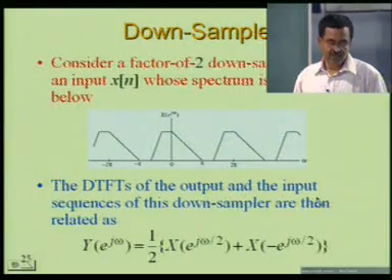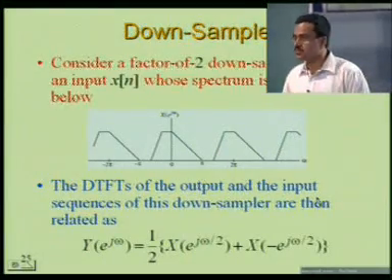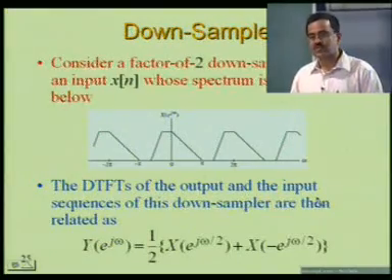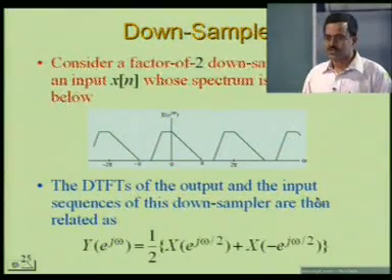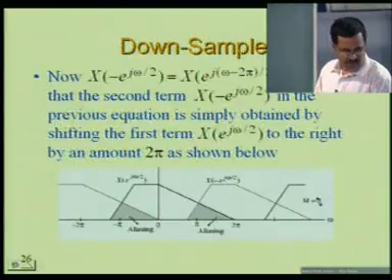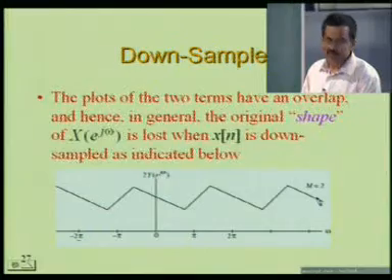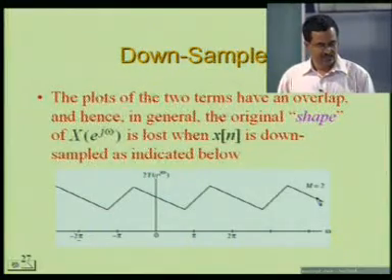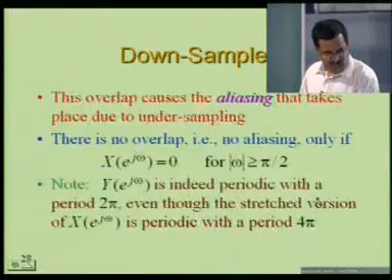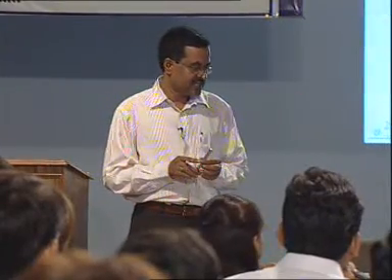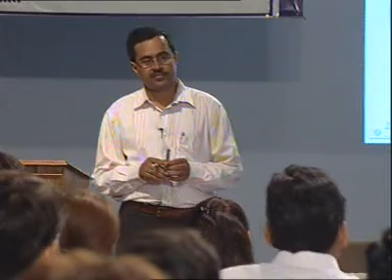You have to combine both the first term and second term, divided by 2, which gives you the frequency response of the output sequence y[n]. So, when you do this, you get this figure. The overlap causes the aliasing that takes place due to undersampling.